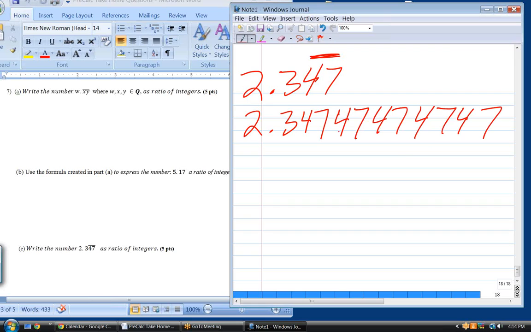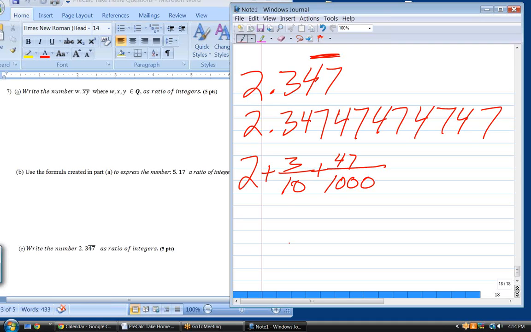Now, if we want to write that as a series of ratio of integers, what's the next thing? The 47. What's the denominator of that 47? 10,000. Excuse me, 1,000.